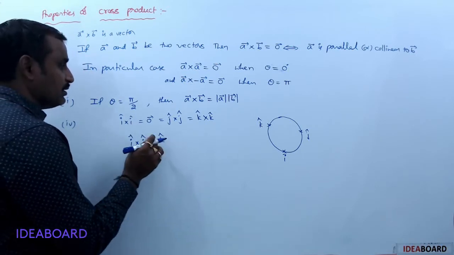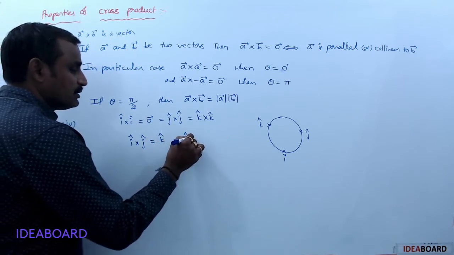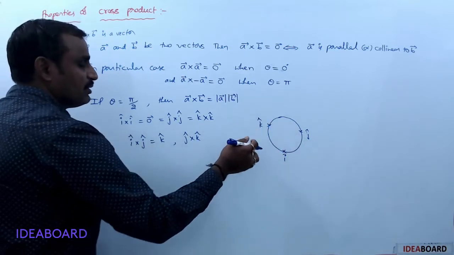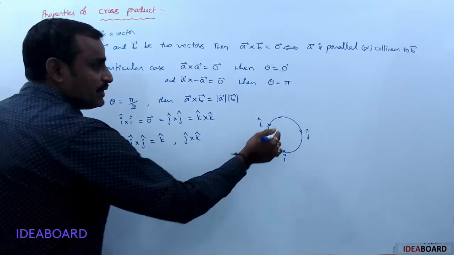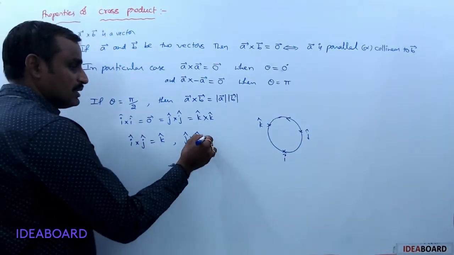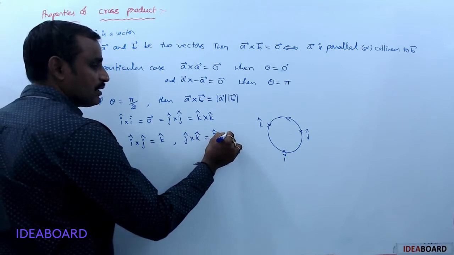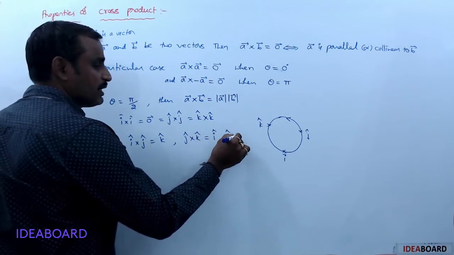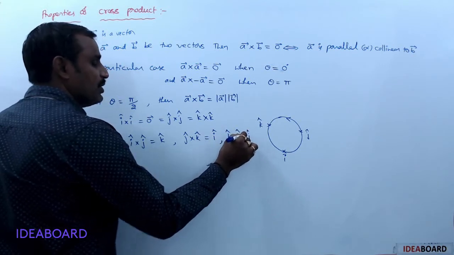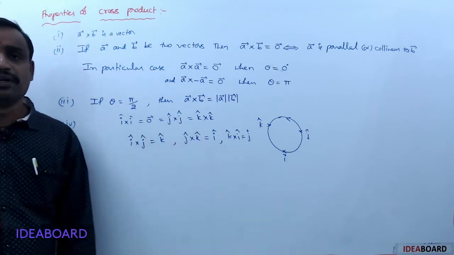Next, J cap cross K cap, also in the anti-clockwise direction, is equal to I cap. Next, K cap cross I cap is equal to J cap. In the anti-clockwise direction, this is the result.